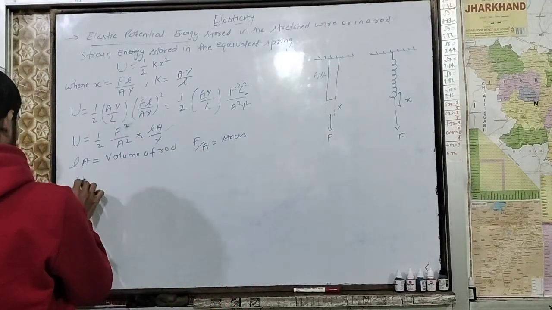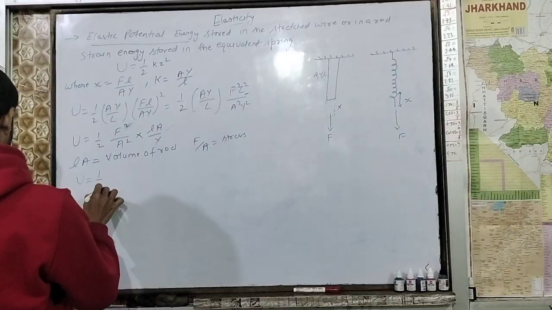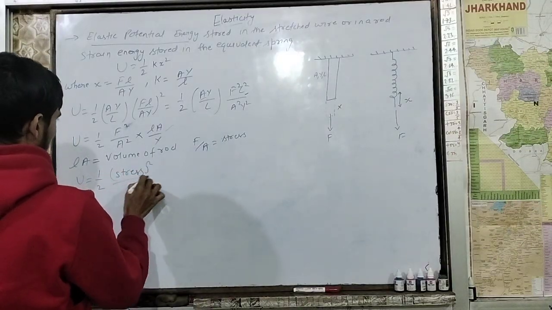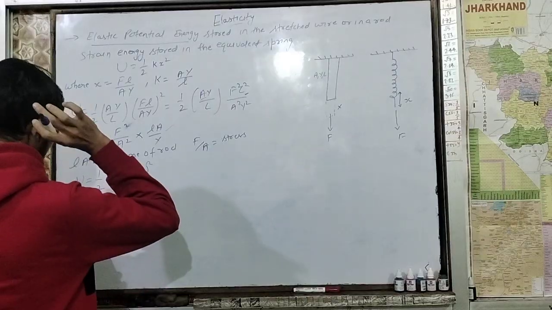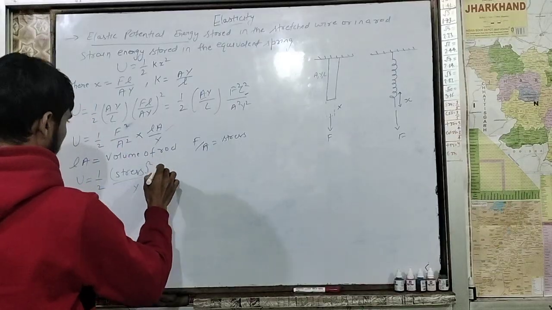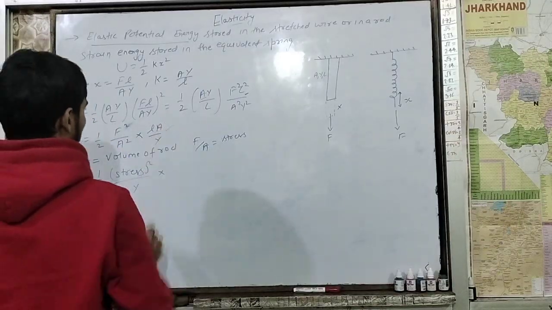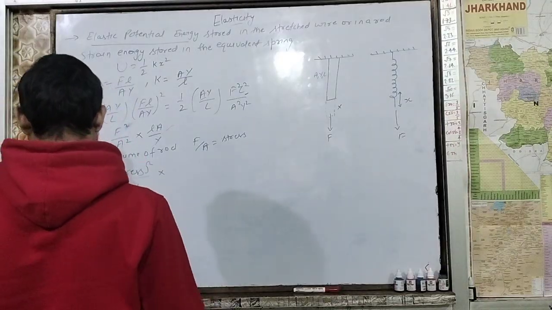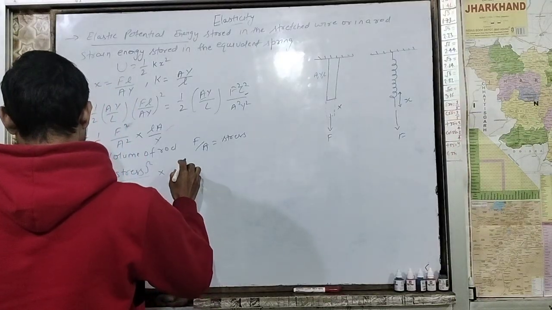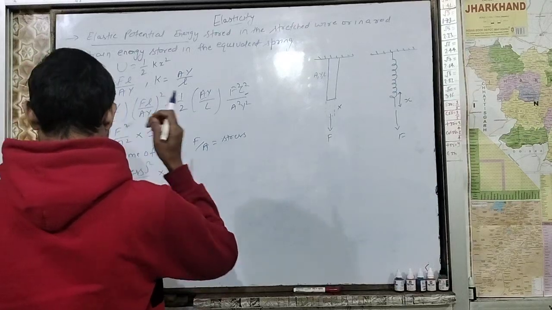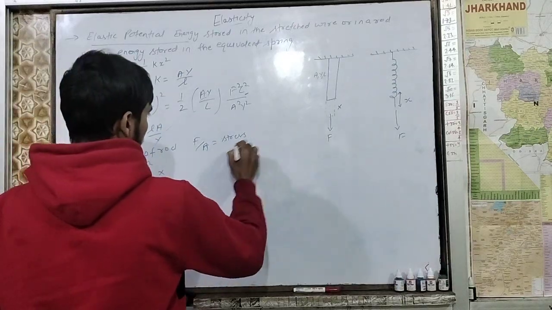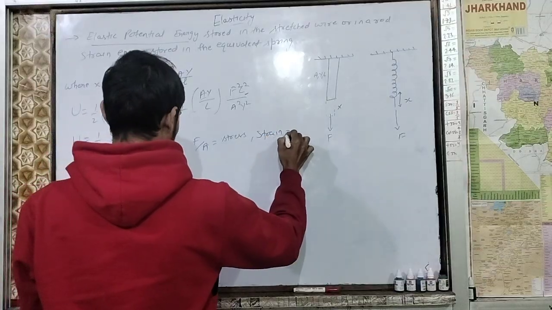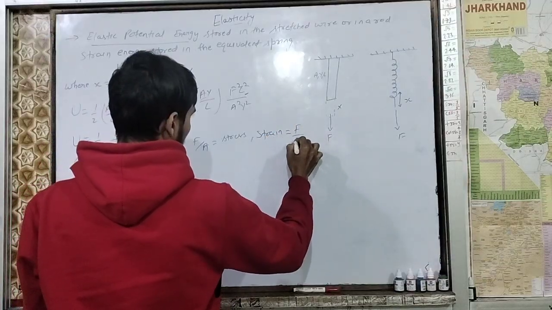So finally you can say U is equal to 1 upon 2 stress raised to power 2 upon Y, and F upon A is stress, and this LA is the volume of the rod. And strain is what? Strain is equal to F upon AY.